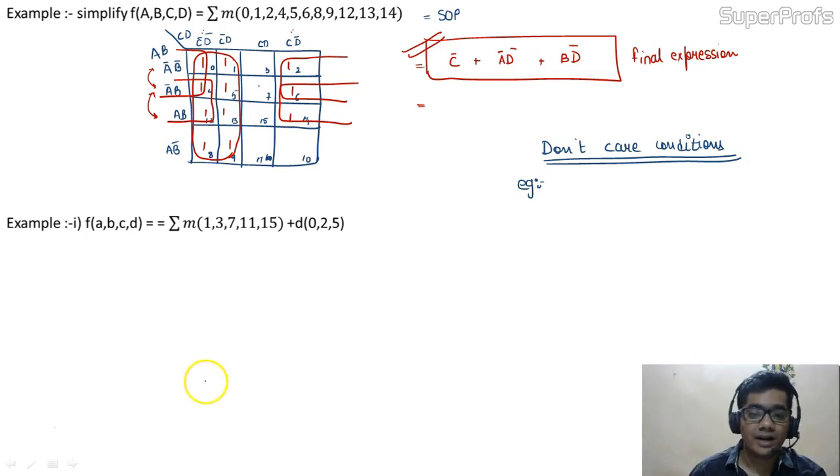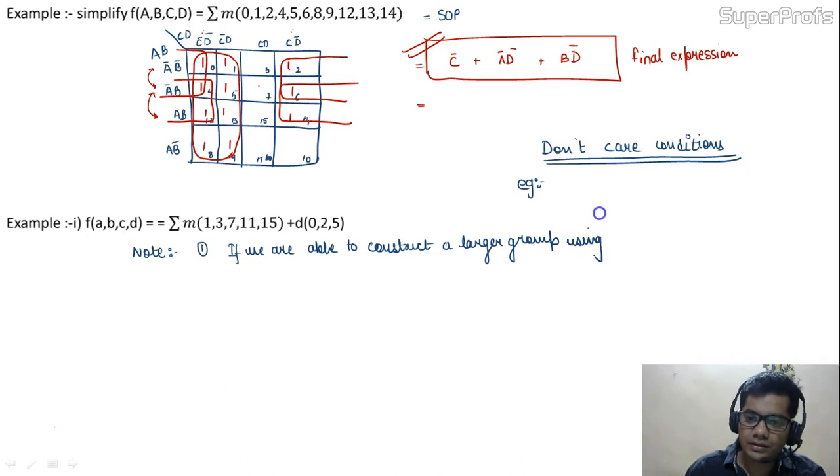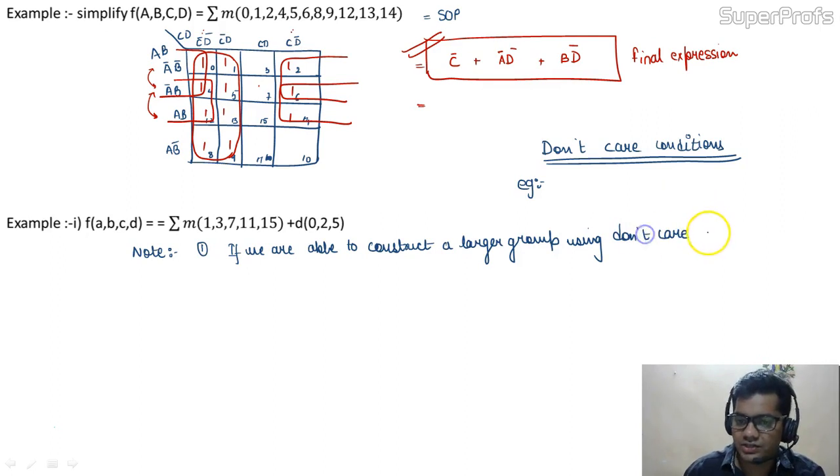One point regarding the don't care condition is that we write a note here. First note: if we are able to construct a larger group using don't care conditions.